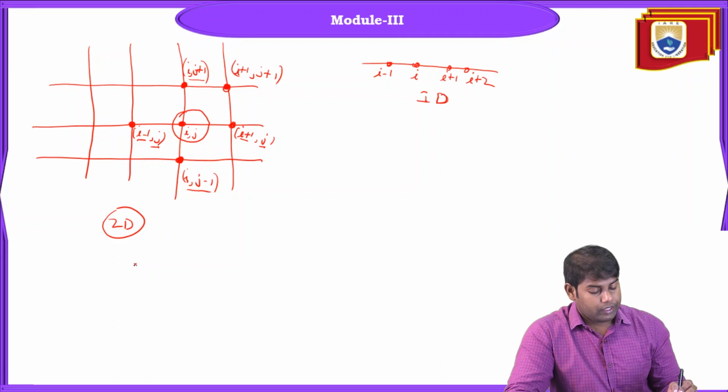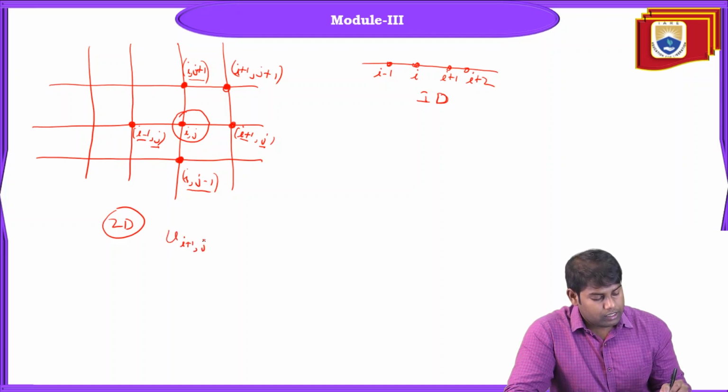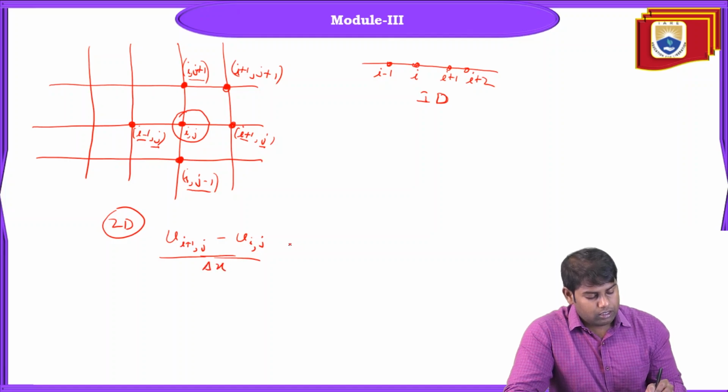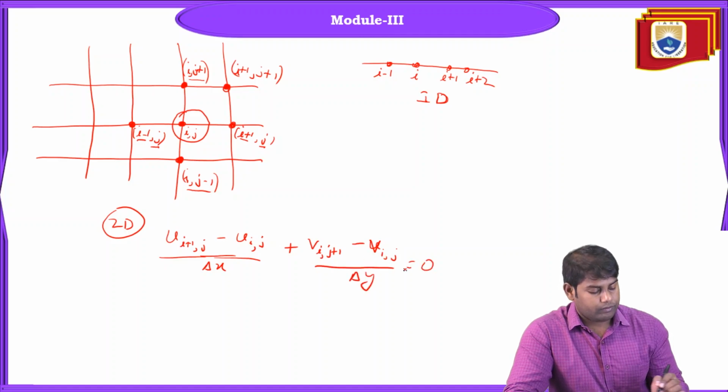Now we will write the continuity equation in terms of the forward difference method. Here you can see [u(i+1, j) − u(i, j)]/Δx + [v(i, j+1) − v(i, j)]/Δy = 0. This is the 2D continuity equation. For the x derivative term, you have i+1, j and i, j; for the y term, you have i, j+1 and i, j.